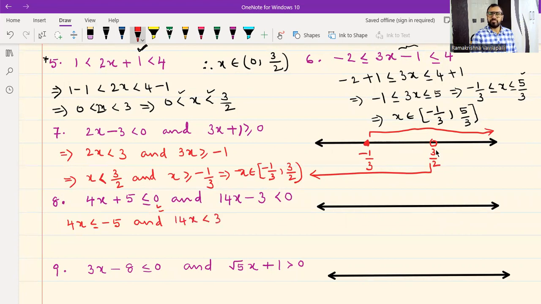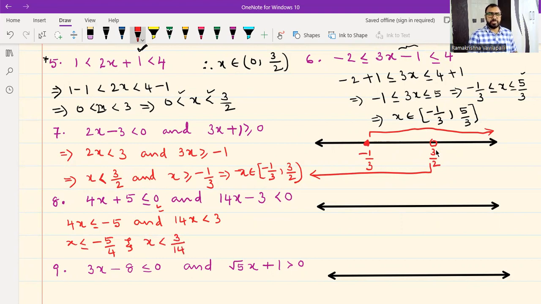So here divide by 4. So you will get x less than or equal to minus 5 by 4. And here divide by 14. So x less than 3 by 14.